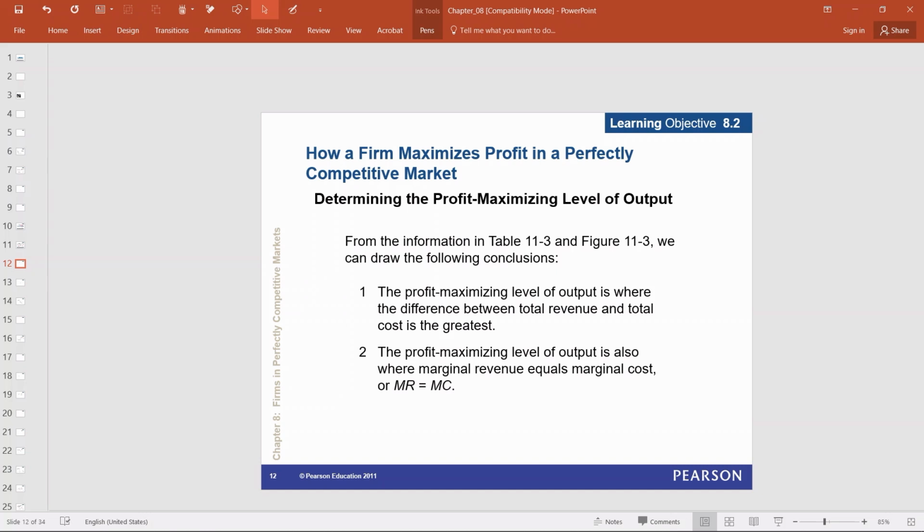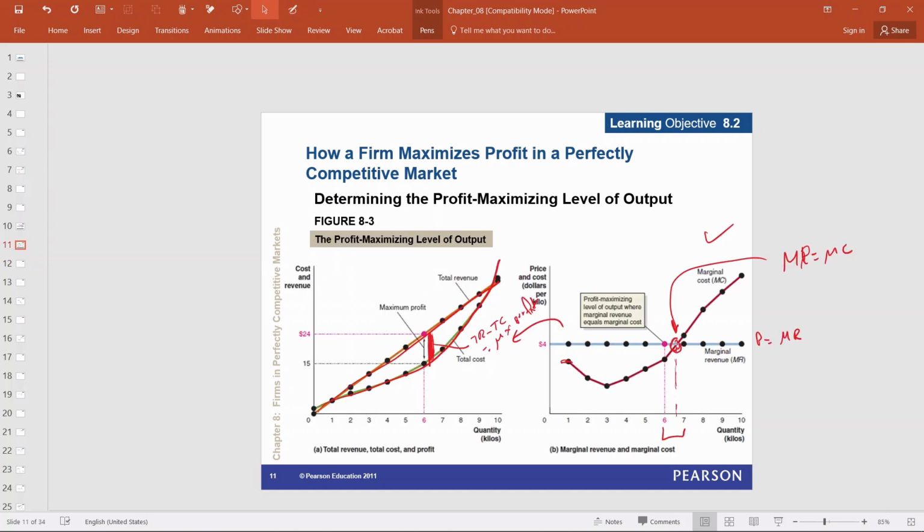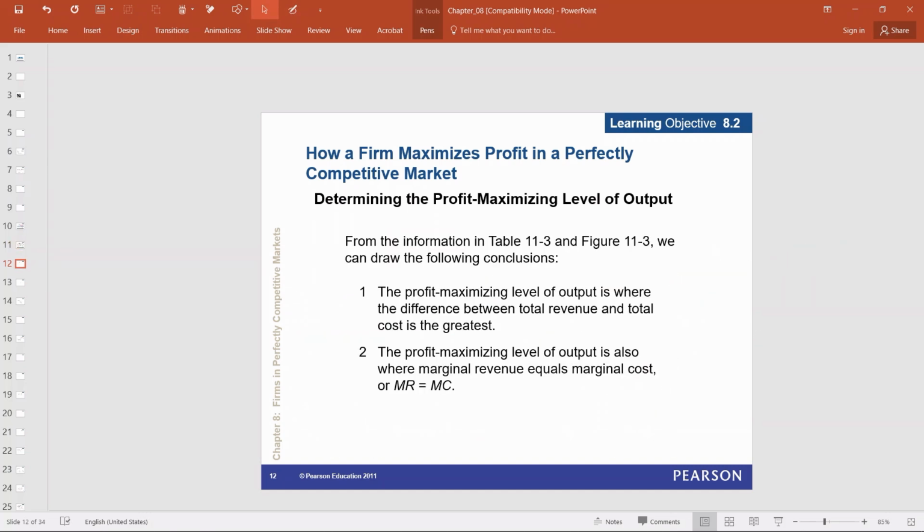This is what it says in the next slide: profit maximizing happens when the difference between total revenue and total cost is greatest. And the level of output that gives you this maximum profit could happen when marginal cost equals marginal revenue.